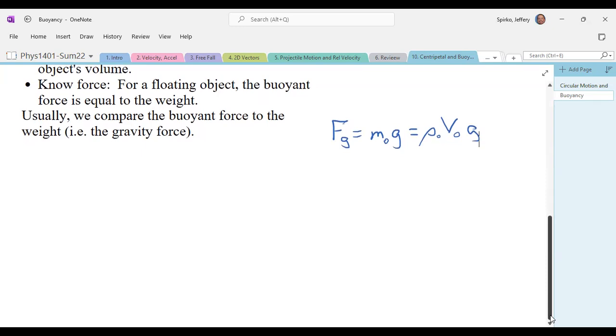And one possible force diagram is for a floating object. Another possible force diagram is for a submerged object.